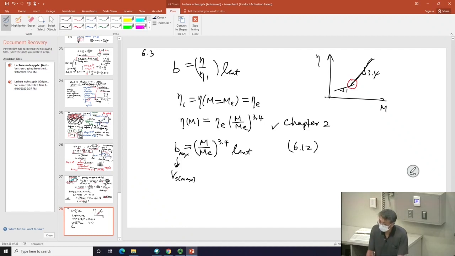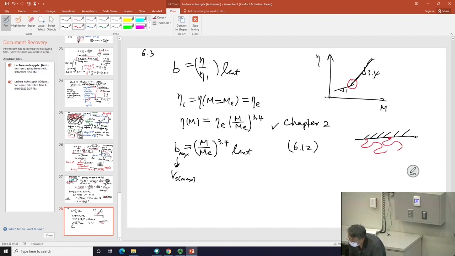So here's something I need to bring you up to speed on. It turns out this chapter, which took 30 pages to write, is the most thorough discussion on wall slip in the open literature in one place.